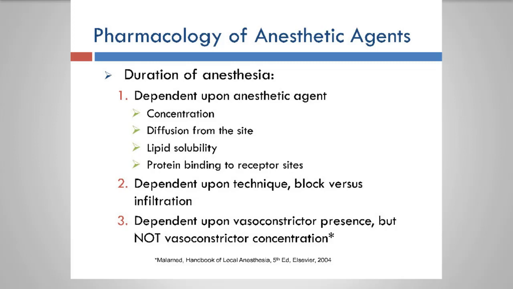I personally prefer to use the 1 to 100,000 for anesthesia because if I should accidentally inject that into a blood vessel, it has much less likelihood of causing any cardiovascular side effect of significance. Now, with most healthy patients, even if we did inject that into a blood vessel, it would probably not have much of an effect. But the truth is, we are dealing with more medically complex patients. So we want to be careful and try not to get into a blood vessel. So I prefer to have a little better safety margin, use the lower concentration of epinephrine in the local anesthetic.